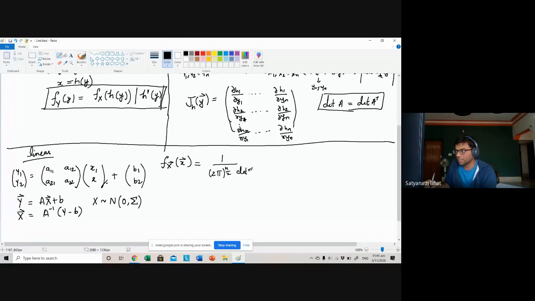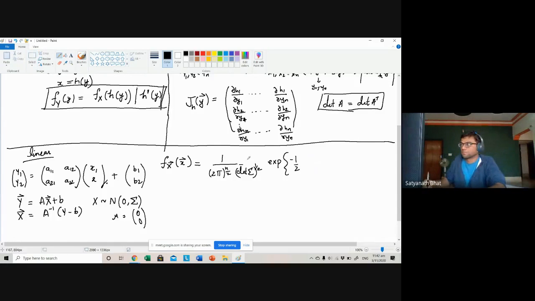Then determinant of sigma to the power of half, e to the power of minus half x minus mu, where mu is 0, 0, so we don't have to take the subtraction. So this will be x transpose sigma x.